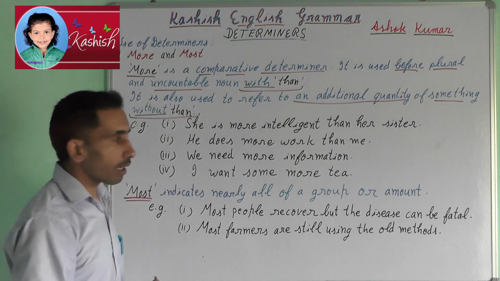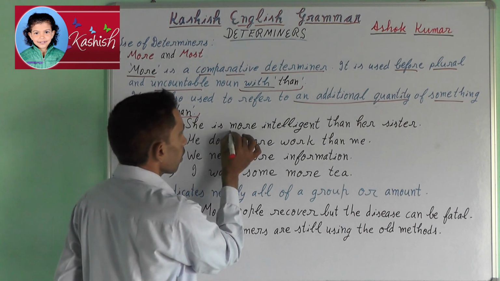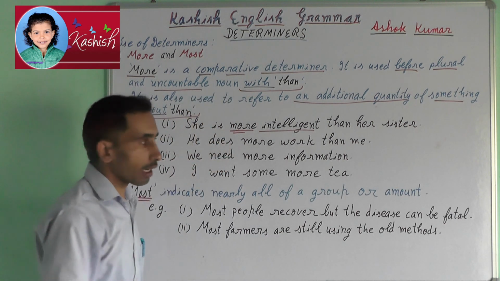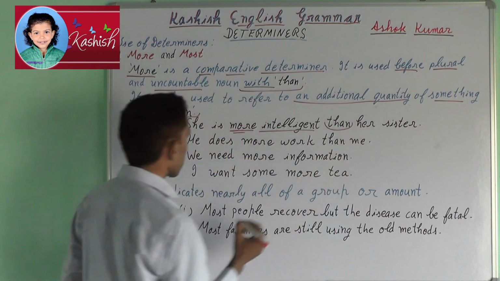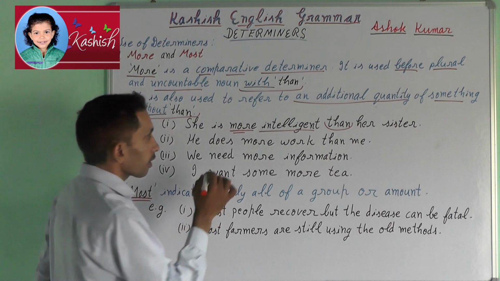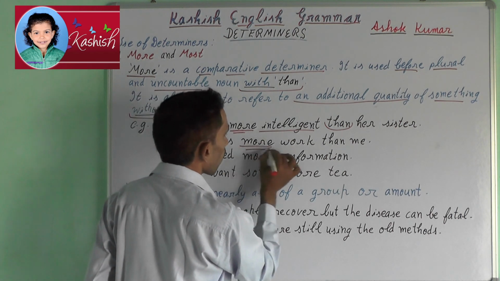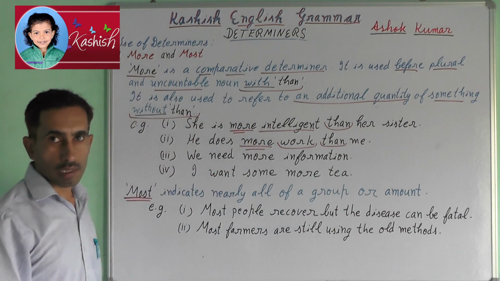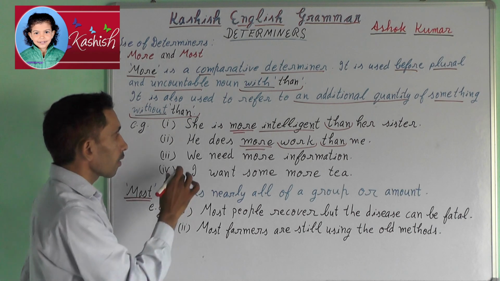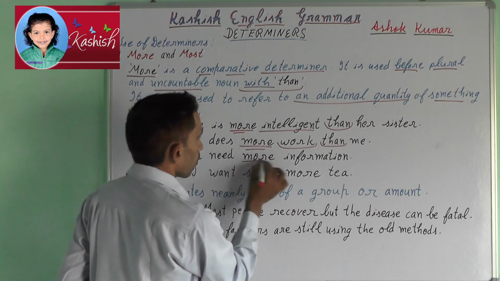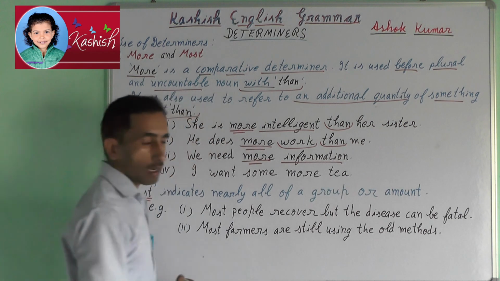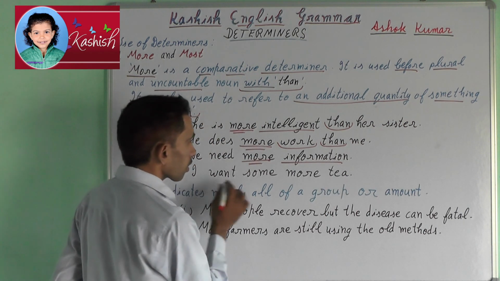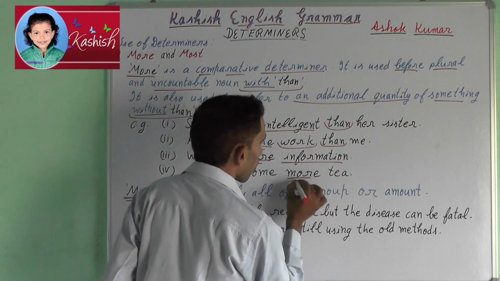For example, she is more intelligent than her sister. Next, he does more work than me. Next, we need more information. Next, I want some more tea.